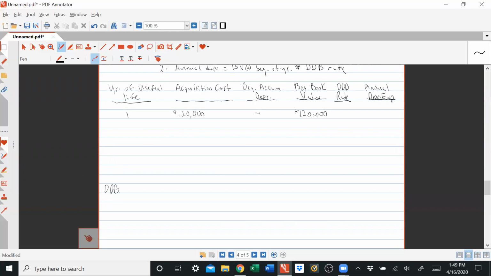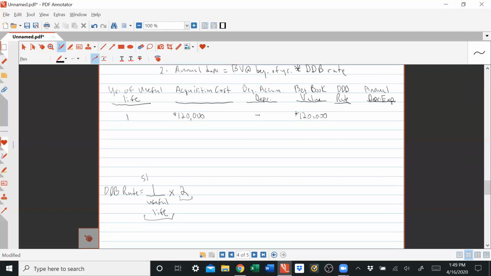It is the number 1 divided by the useful life, times 2. So this is the straight line rate. When we multiply it by 2, we get the double straight line rate, or the double declining balance rate. The DDB rate here is 1 over 4 times 2, or 0.5, or 50%.